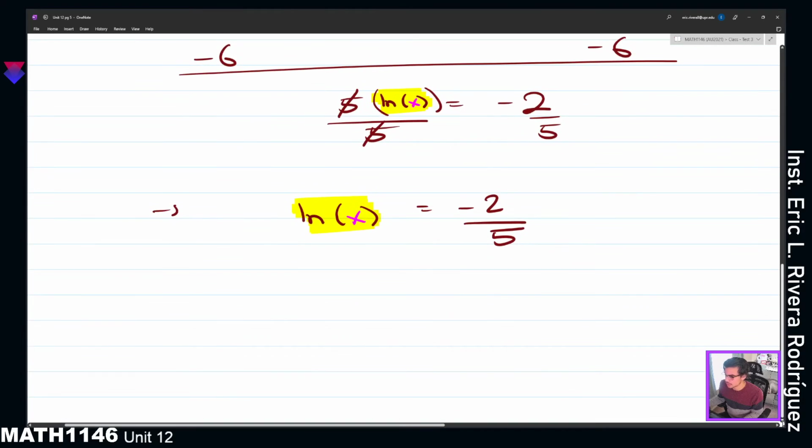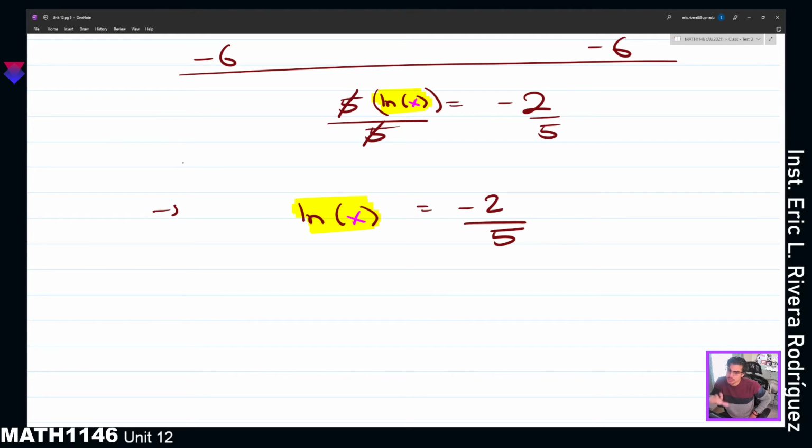Now that we have modified the linear equation into a logarithmic equation, because we have a logarithmic function on one side of the equation and the rest on the other side, we are focusing now on the logarithmic function.